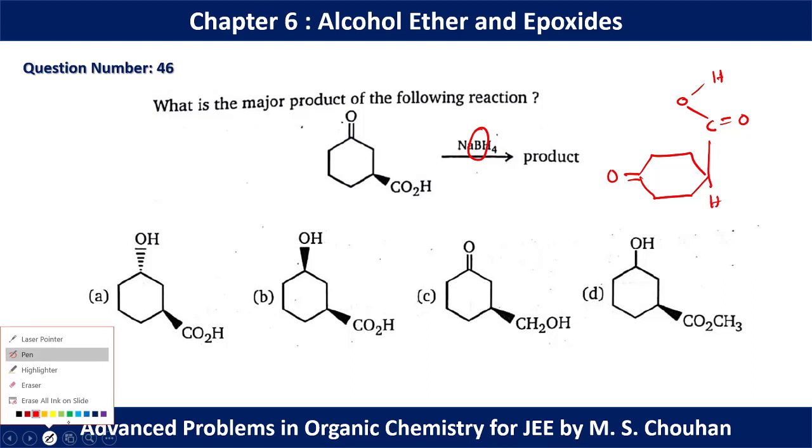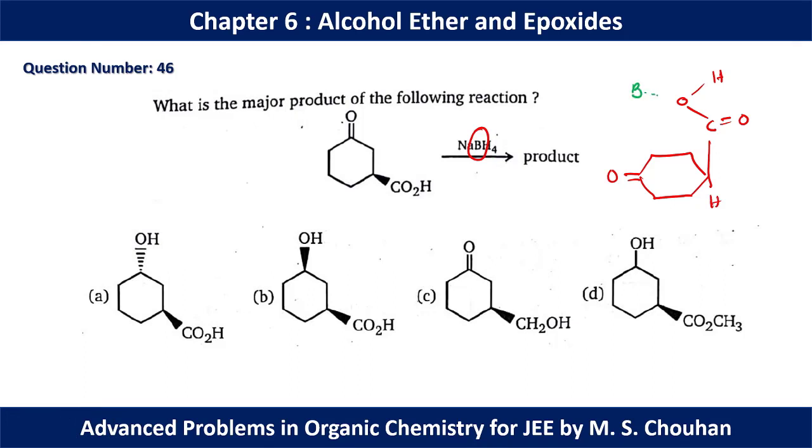As we know, boron is electron deficient in nature because it is a group 13 element, so there will be an interaction between electron rich oxygen and electron deficient boron in this case. So this boron will be trapped above the plane, and a greater number of hydrides will be supplied from above the plane compared to below the plane.